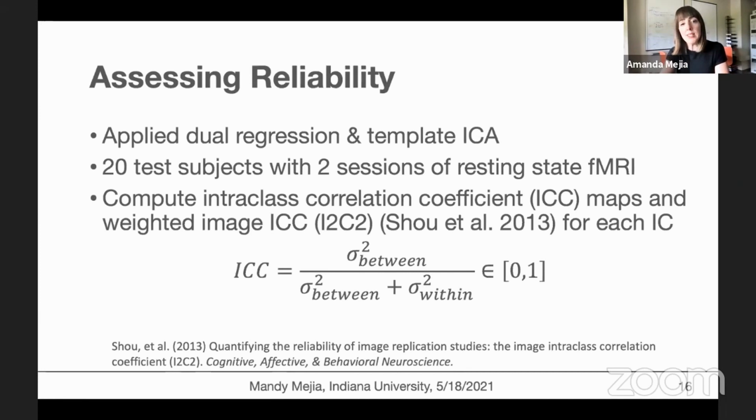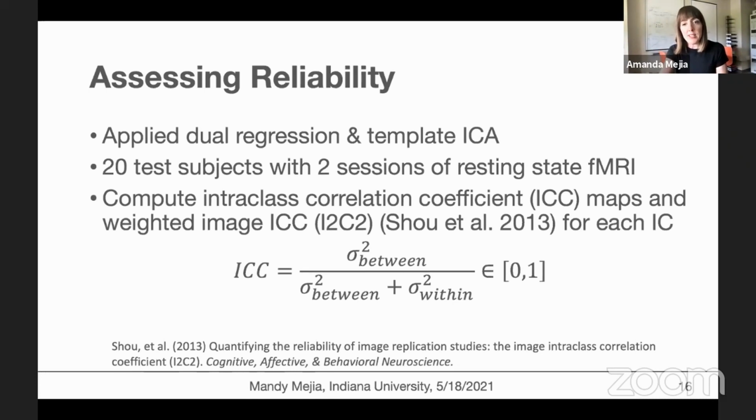Then we computed the ICC at every vertex for every IC, every independent component or brain network. We then computed a summary measure, the I2C2, and we use a weighted version in order to emphasize the areas of engagement on average across individuals.